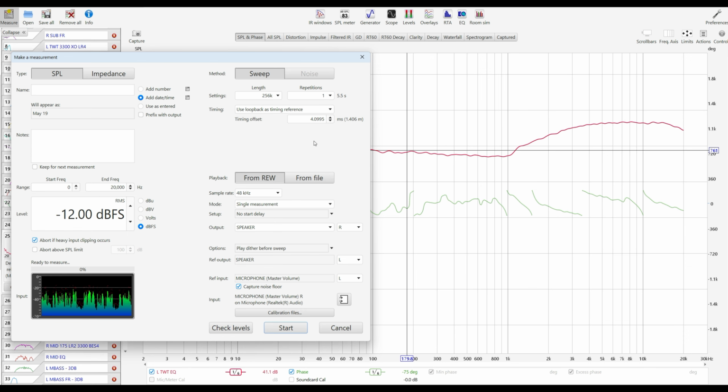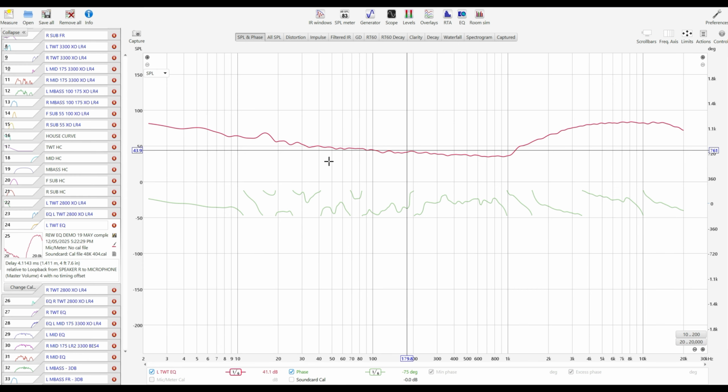I then will leave that timing offset, measure all my other speakers, and do all my sweeps on all my speakers again, and then I've got a full set of measurements, and I know that relative to the left tweeter, they are all accurately measured, and then I can read off the delays that I need against the left tweeter. But like I said, I will show you how to do that when we get to the phase alignment tutorial, which is coming up soon.